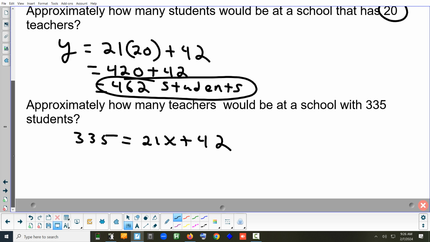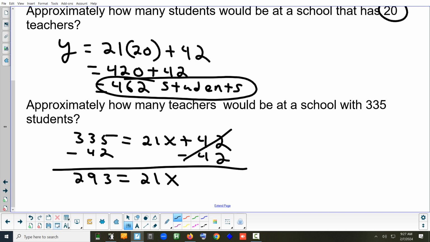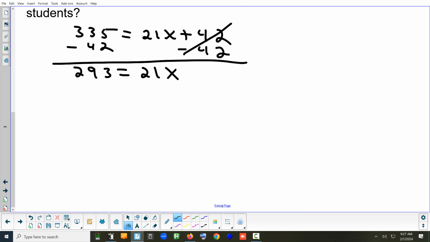Okay, what's our first step? Subtract 42 from both sides. And 335 minus 42 is 293. And my last step, divide by 21.